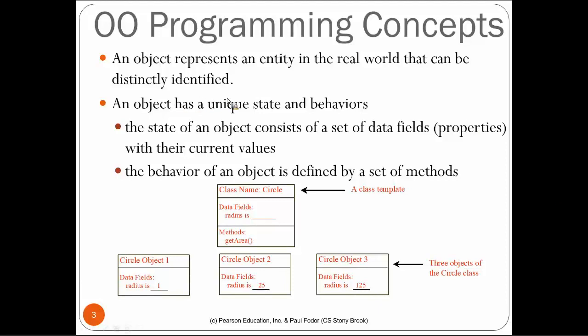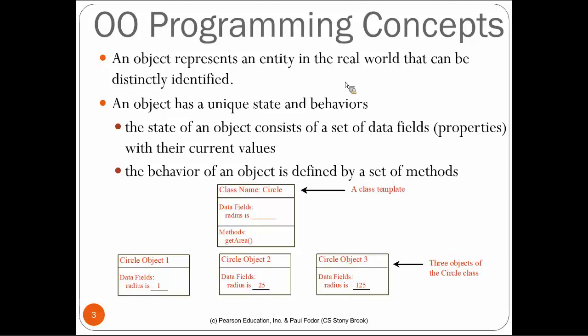So every object really has two parts: the state, which is the set of all the data fields with their values, and the behavior. The behavior is defined by the set of methods which are linked directly to that object. So basically they use the values of these data fields to return a value for that behavior, for that method.